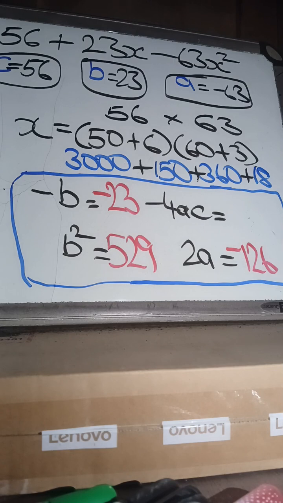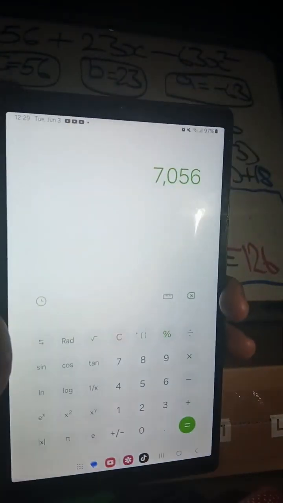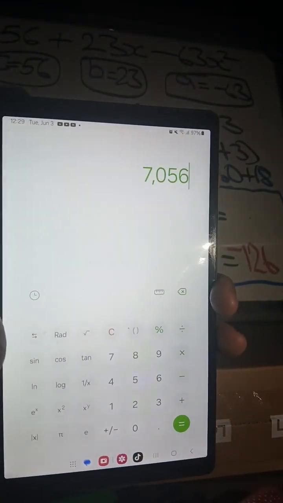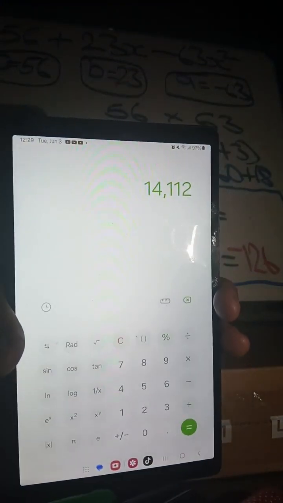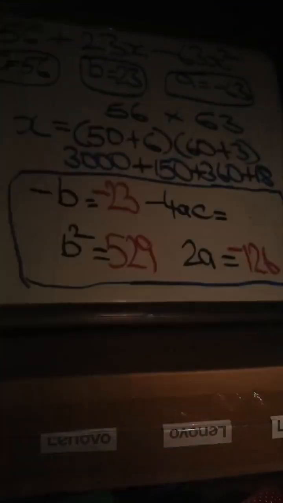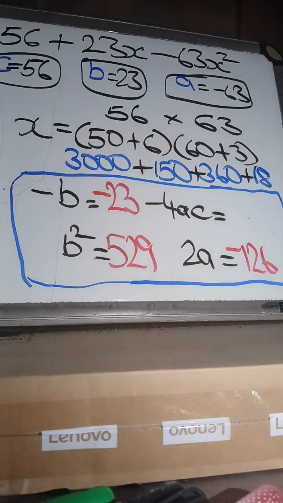So we'll just add that to itself and then add that to itself again. Hold on there. When we add that to itself, we get 7,056. And then we add that to 7,056. Now, let me just make sure that part makes sense.